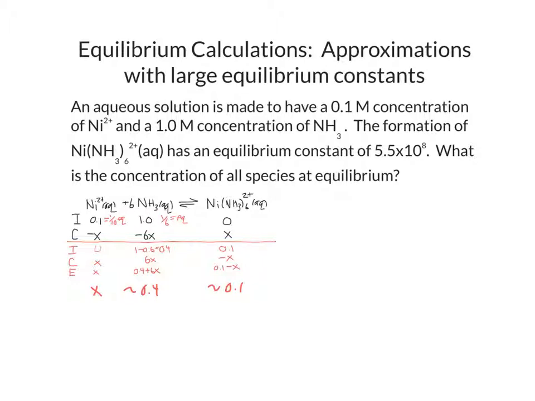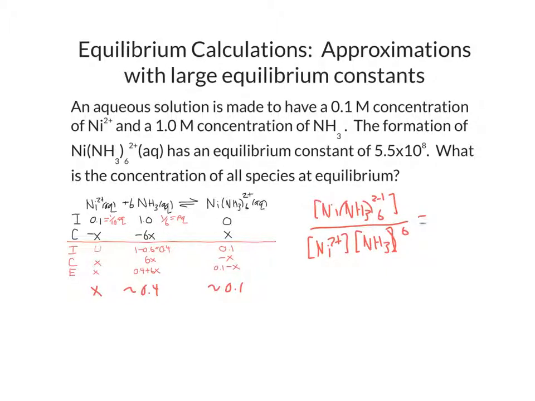So note that the expression for K is the nickel amine complex concentration divided by the nickel 2+ concentration times the ammonia concentration, but that has to be raised to the 6th power.